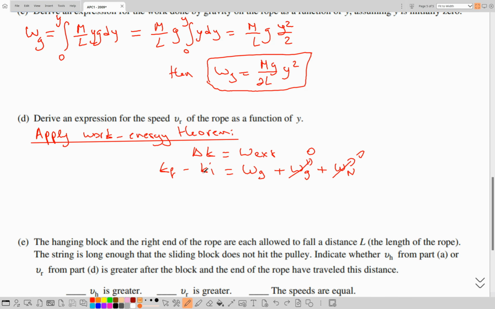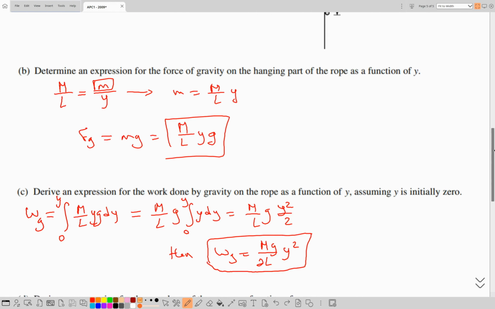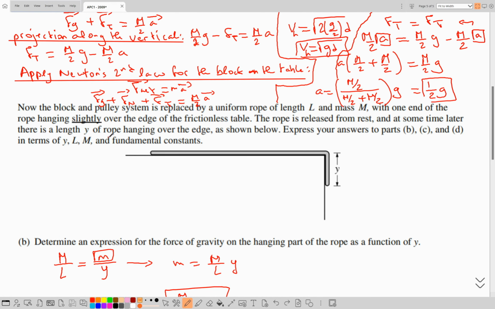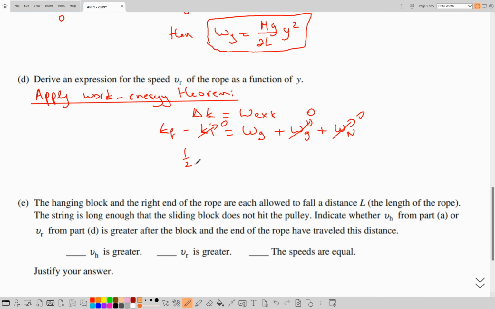Now our initial kinetic energy is 0, and our final kinetic energy is represented by half mass times the speed to the power of 2. And what is the mass of the system? This is the total mass, which is m. So here I will write half total mass m multiplied by Vt to the power of 2. That would be equated to mg divided by 2l multiplied by y square.